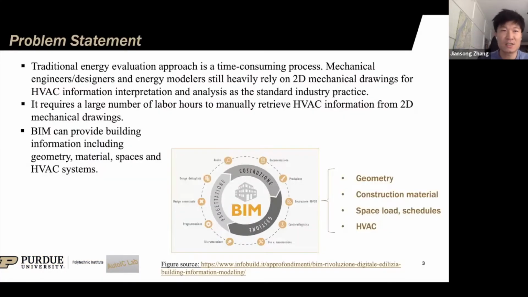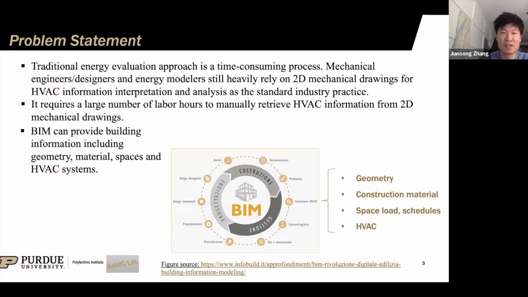Now let's get started. So the traditional energy evaluation approach is time consuming, and engineers and designers heavily rely on the 2D mechanical drawings for the HVAC information analysis as a standard industry practice.